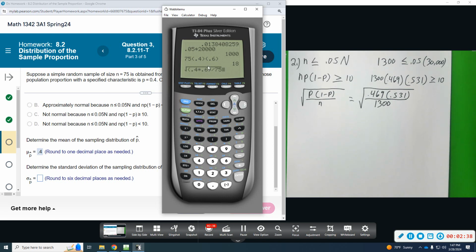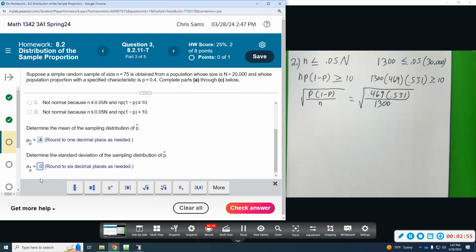As long as all of that is under the square root and the top is separated from the bottom, it will compute correctly. To 6 decimal places, it's 0.056569. That's going to be our standard deviation.